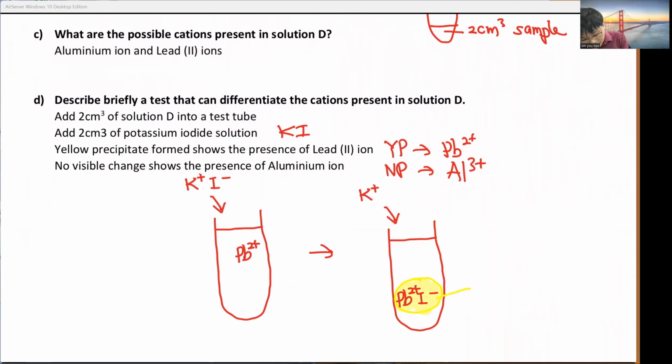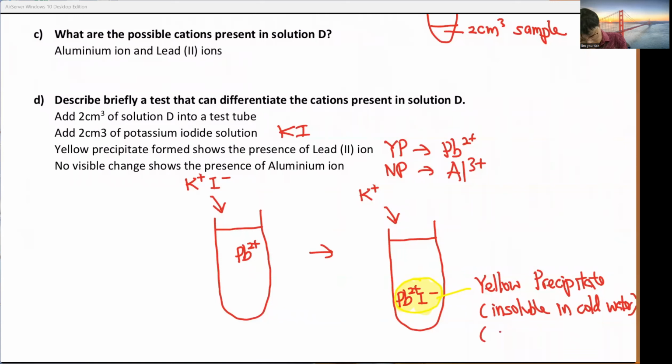This yellow precipitate is insoluble in cold water but soluble in hot water. So you heat it to dissolve.